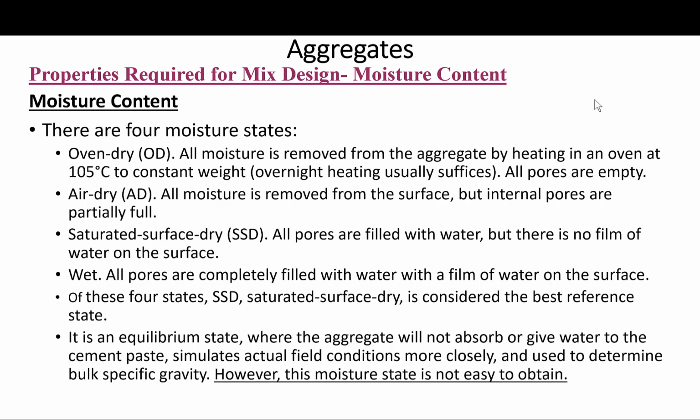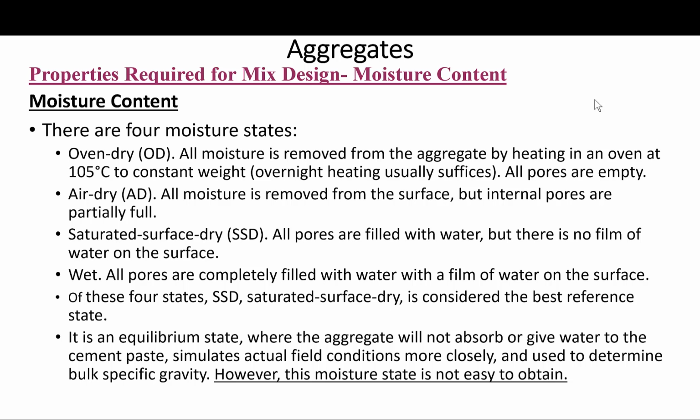Okay, so speaking of the advantages of using the SSD, a major disadvantage of using the SSD state is that it is not easy to obtain a true SSD condition, and basically it requires skill and practice to do so. Many people, though, prefer to use the OD state as a reference point because of this difficult determination of when you reach that condition.